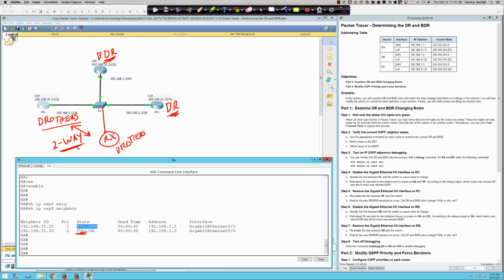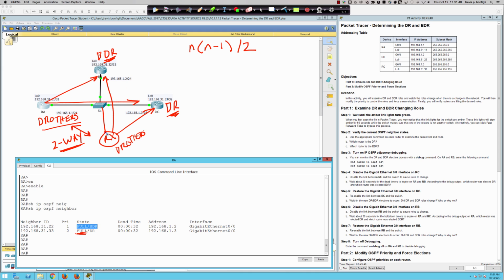They would stop in the two-way state. But they would both be fully adjacent with the DR and the BDR. Okay? And so this brings up that equation that we talk about. It's the n times n minus 1 divided by 2.